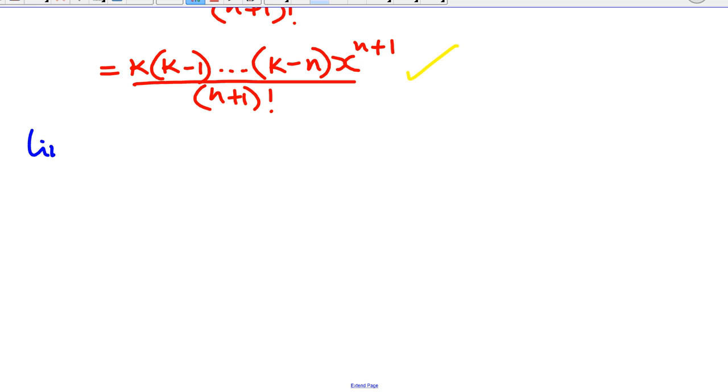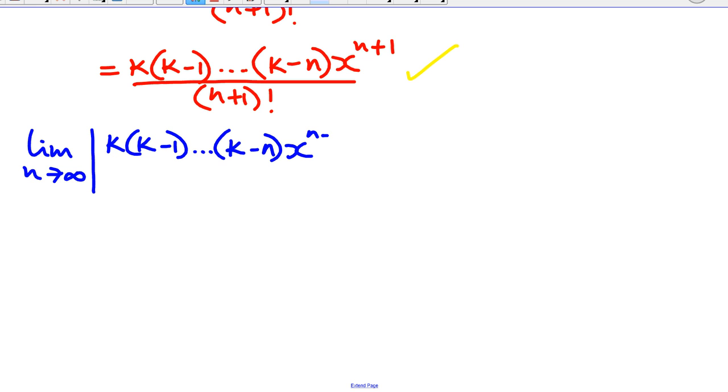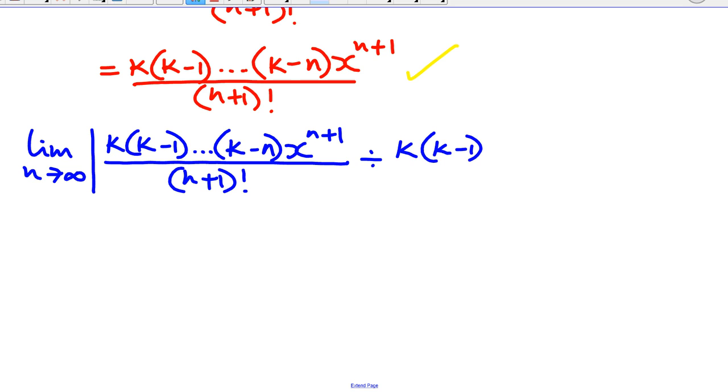The limit as n approaches infinity of the absolute value of S sub n, which is k into k minus 1 up to k minus n, x to the power n plus 1 over n plus 1 factorial, divided by S sub n, which I have at the top there, which is k into k minus 1 up to k minus n plus 1 over n factorial, x to the power n.